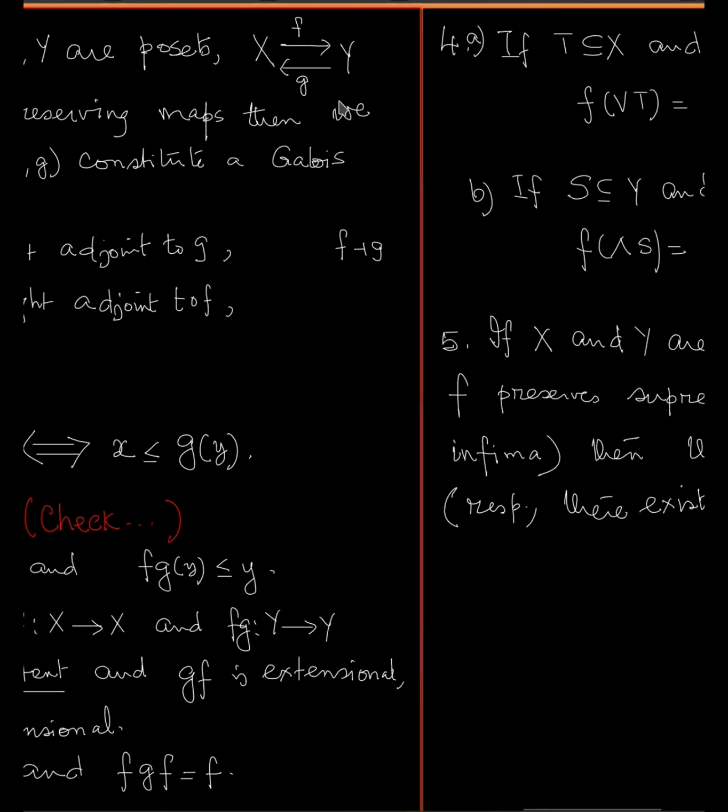So it says, suppose in the case when X and Y are complete lattices, and you have a suprema preserving function F from X to Y, then you have a function G, which is the right adjoint of F. And dually, if you have a function G which preserves all infima, then you can find or describe the function F, which is the left adjoint of G. So you see, any one of them kind of determines the other in case of complete lattices.